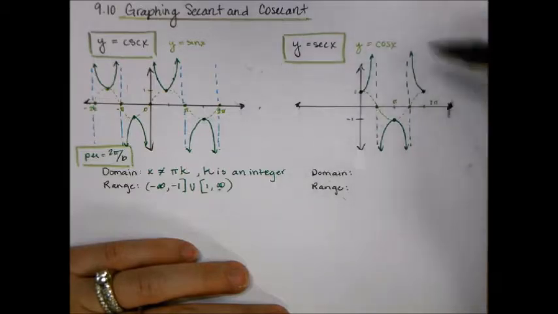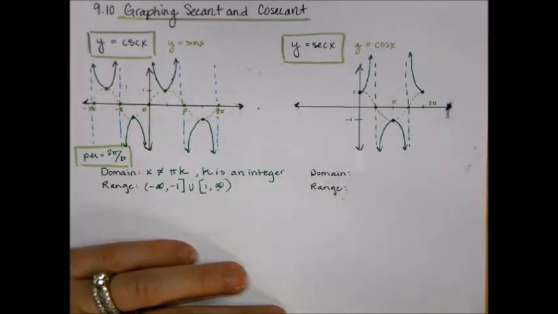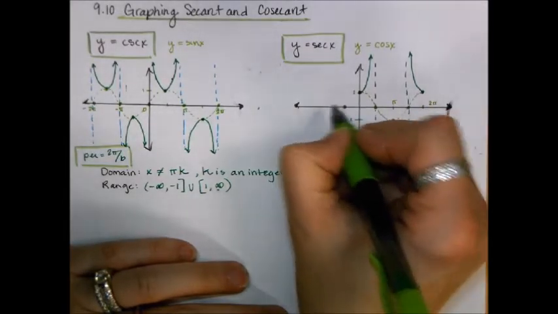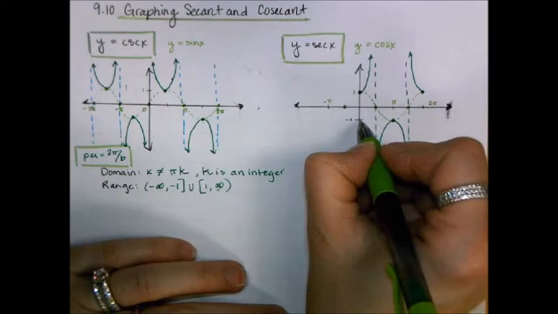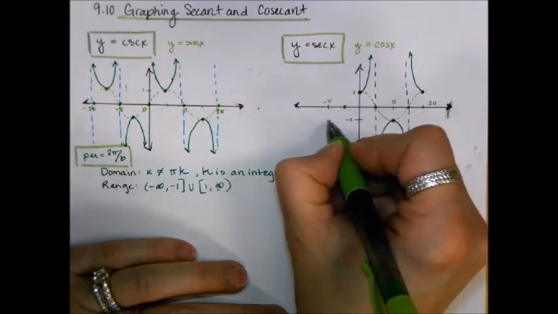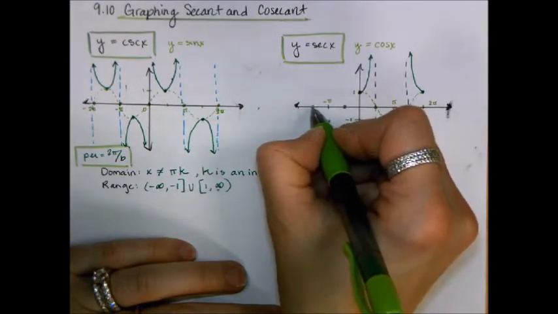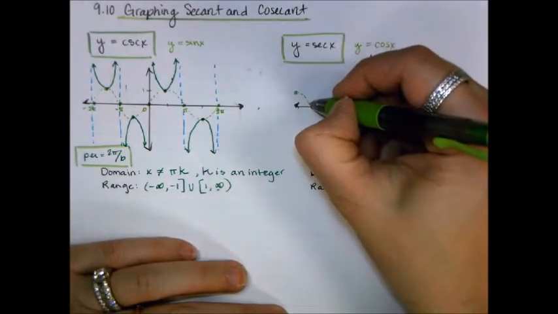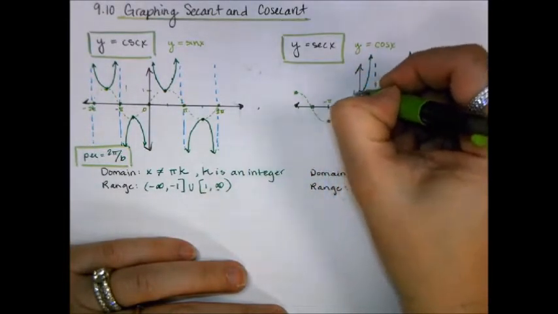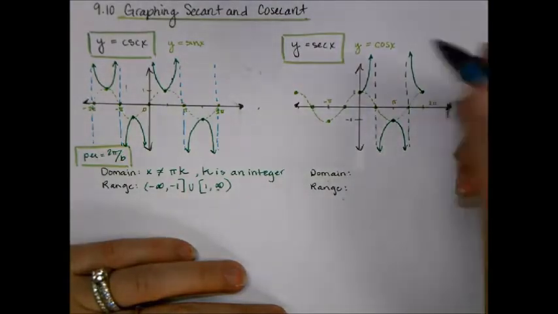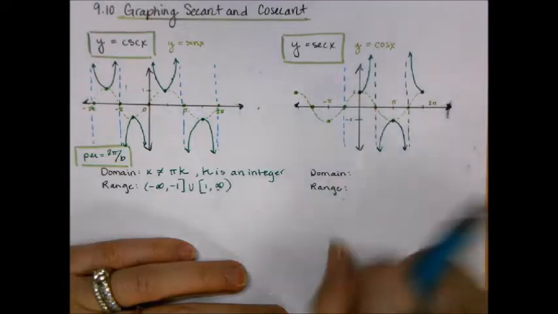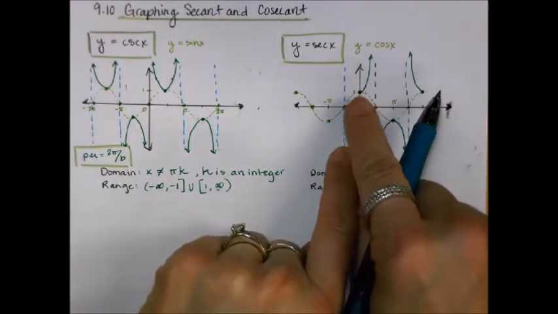So let's go ahead and go back with this. At negative pi, we'd be at our minimum. Okay. Again, we'd have these vertical asymptotes here. So you'll see just by getting to the next vertical asymptote, that's going to let me finish the other half of this curve.